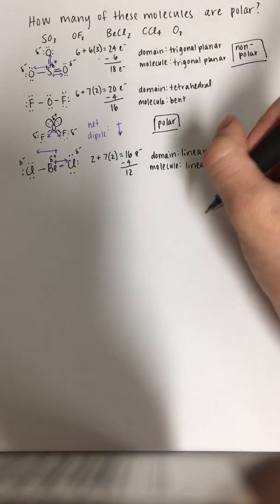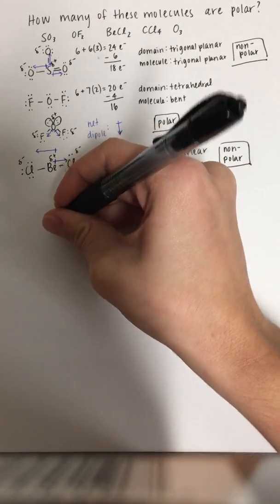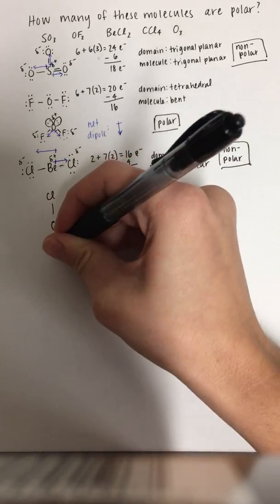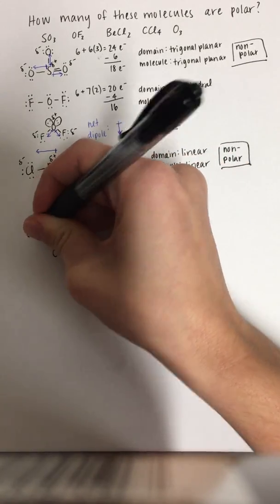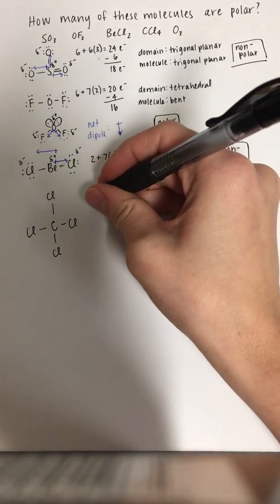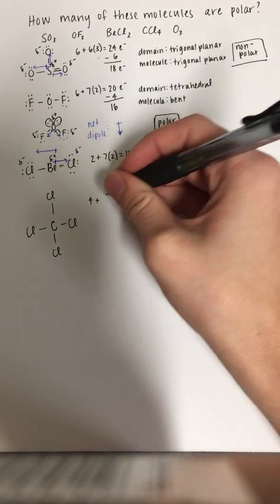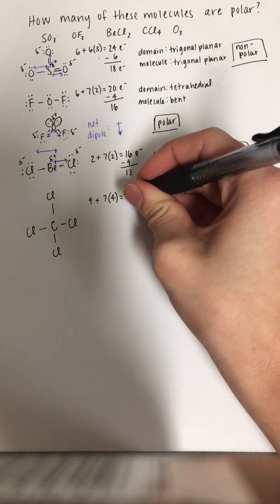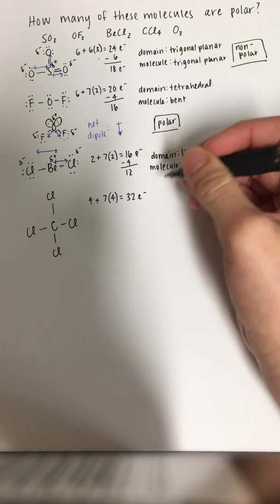Next, we're going to do CCl4. So C is going to be in the middle with 4 Cl's bonded to it. For these valence electrons, we know that C has 4 and each Cl has 7 for a total of 32 valence electrons.